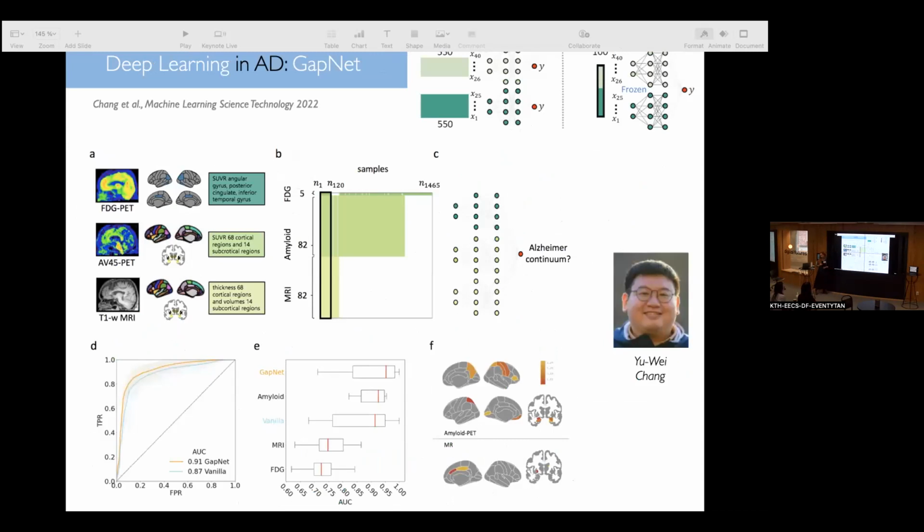Another thing that we are exploring is the application of deep learning to understand better connectivity changes in Alzheimer's disease. So here in this study, a student of ours, UA, developed a new approach for deep neural networks that allows taking into account missing information.